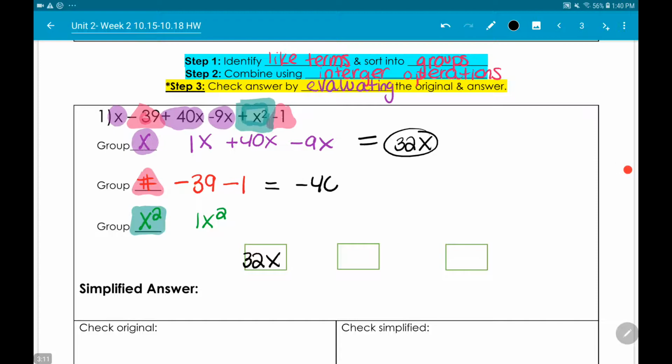Here I get negative 40, and it is just a number, so it stays by itself. And then when I don't have anything to simplify it with, that is just going to stay the same. Okay, so my simplified answer, when I put that all together, is 32x plus negative 40 plus 1x squared.